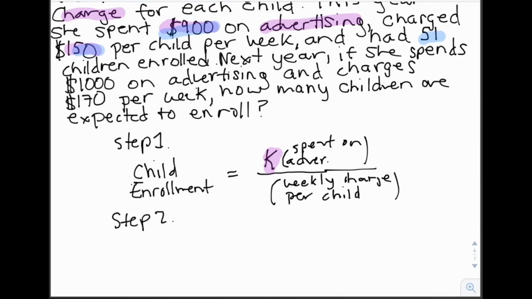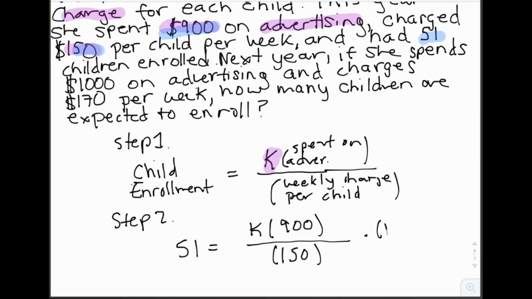So child enrollment was 51. Our k, we don't know what that is, but we need to solve for it. Spent on advertising, $900. And then finally weekly charge per child is that 150, so 150 is going to be on the bottom here. Now in order to isolate the k, we multiply the 150 out from the bottom.